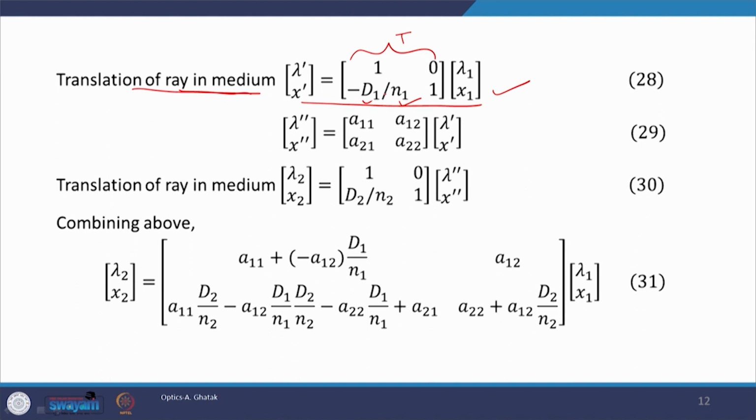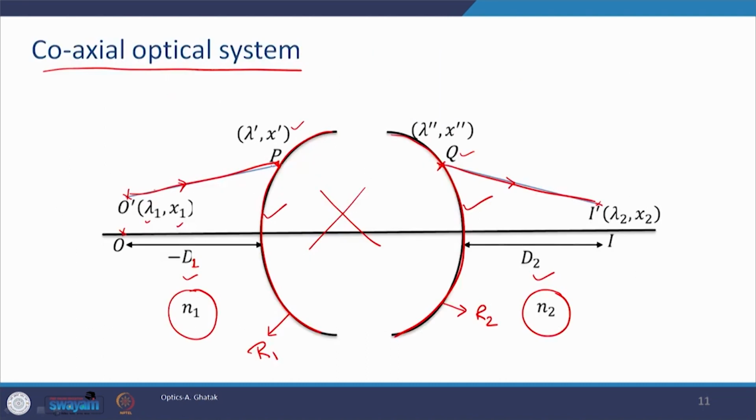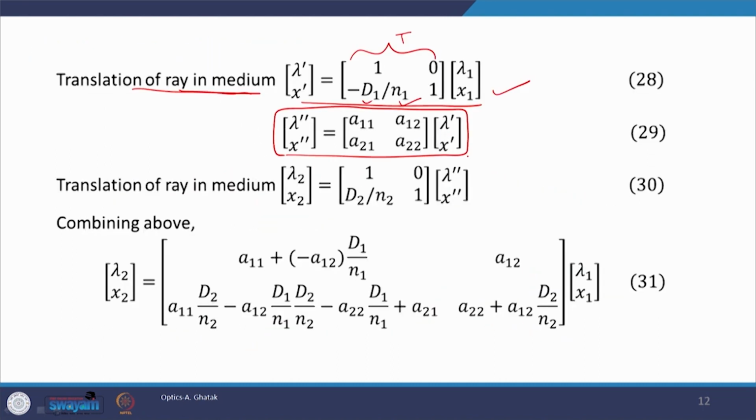In the black box, in this optical system where no information is given, let us relate the two points. What are those two points? Point P and point Q, and the coordinates of these two points are related with a 2 by 2 matrix, but since its elements are not known, we assume the elements of this matrix as A11, A12, A21 and A22.